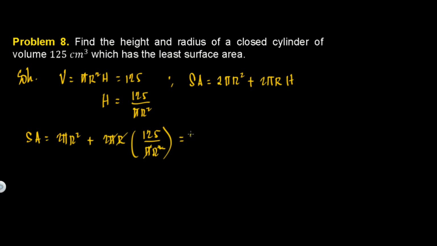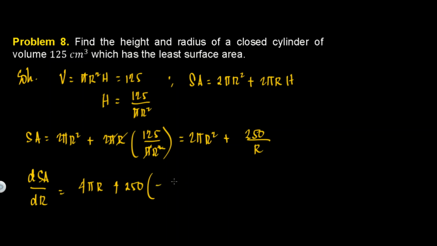So SA is equal to 2 pi r squared plus 2 times 125, 250 over r. Okay. Differentiate SA with respect to r. So we have 4 pi r plus 250 times the derivative of 1 over r, which is minus 1 over r squared.